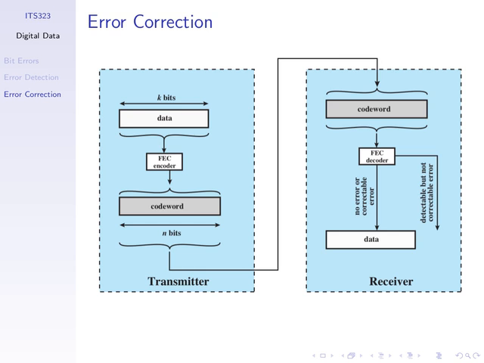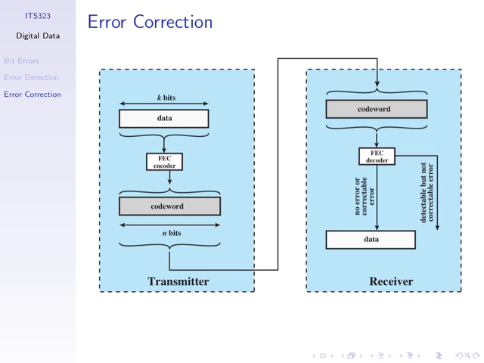Everything's okay, and we receive the data. There are errors, so the decoder may detect errors. So it's also error detection. And it may also correct those errors. So we may receive the correct data, or we may get an outcome that we detect errors and we cannot correct them. We'll see those different cases.